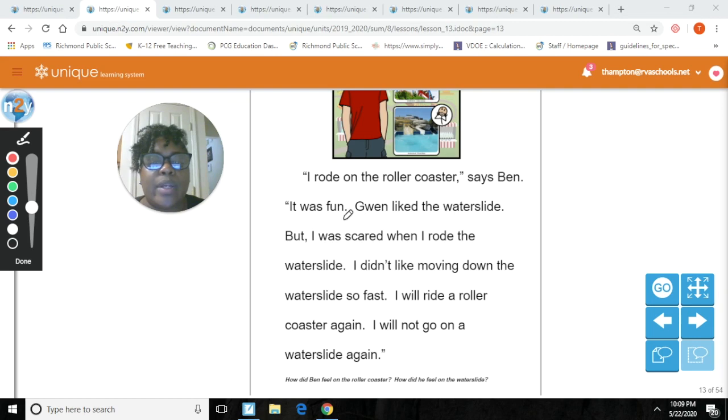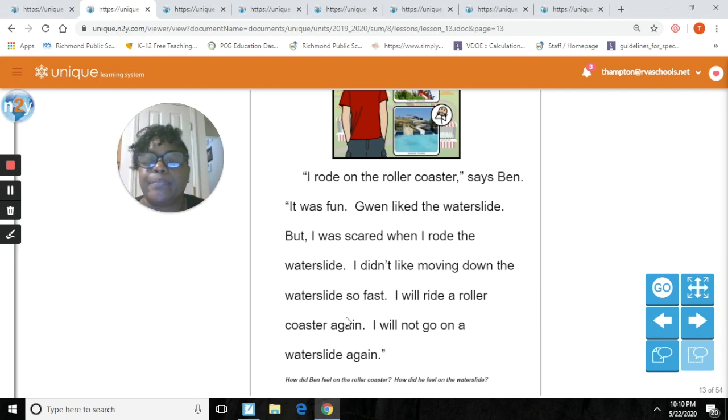Now, we see here that Gwen liked the water slide. He says, but I was scared when I rode the water slide. Who's talking? Ben. So how does he feel about the roller coaster? He said it was fun. How did he feel about the water slide? He said he was what? He was scared.